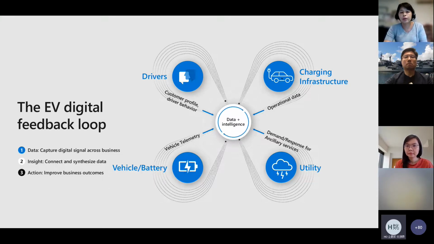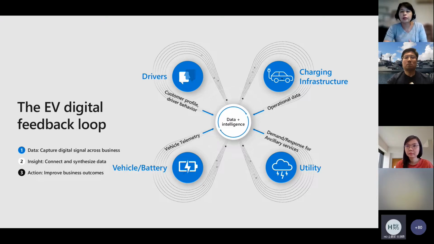Secondly, just like our friend from NI talked a lot about simulation, you need to collect the data from the battery itself, as well as the data from the vehicle, including the motor, the control system, the charging station, the charging infrastructure, and the utility.